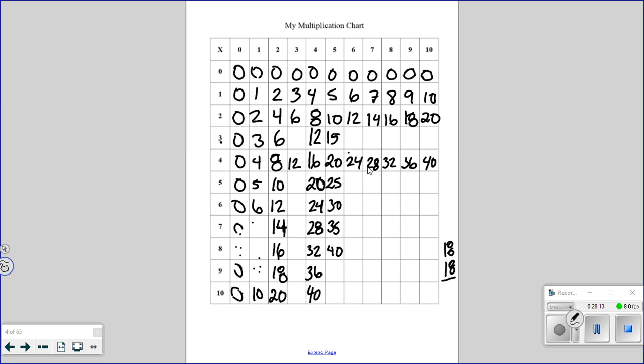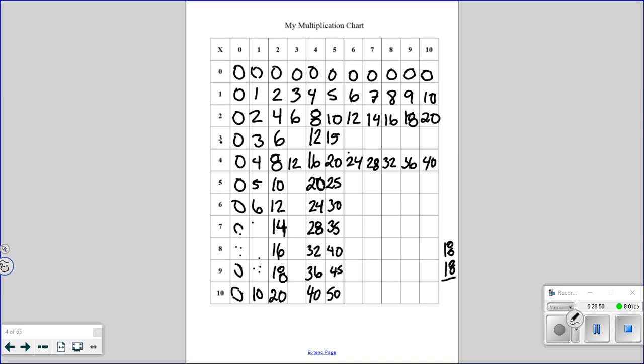Are we going to choose the skip count strategy or the add-on strategy? Okay, so that means we're going to skip count by 5s 9 times. Go ahead and do it. Skip count by 5s, friend, 9 times. 45. Very good. Well, what about 5 times 10? 50.